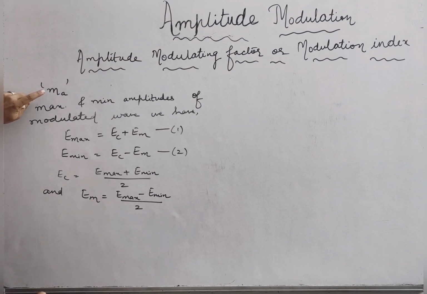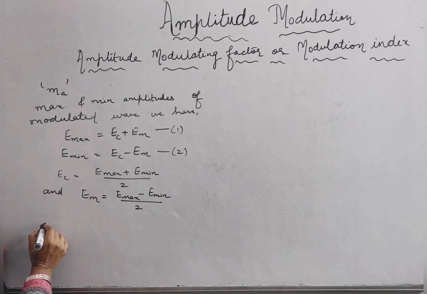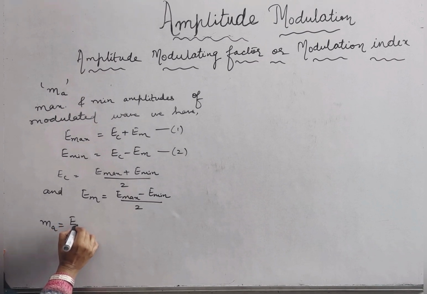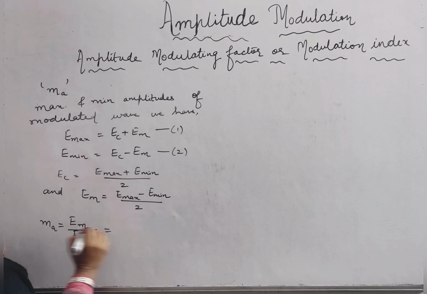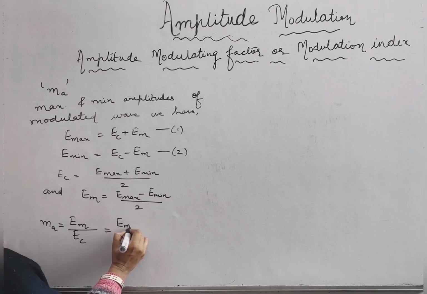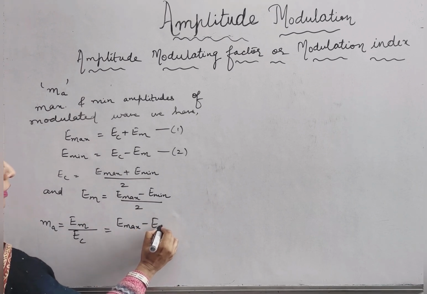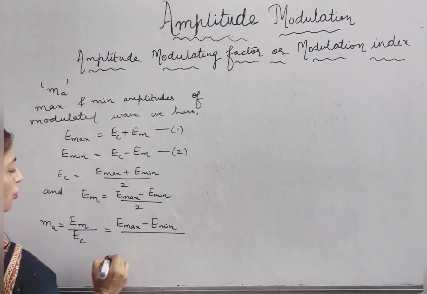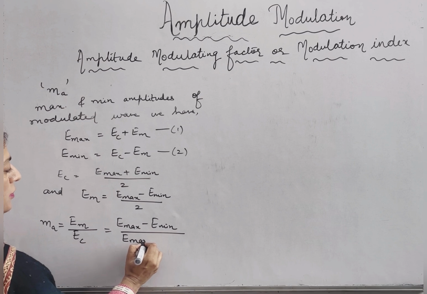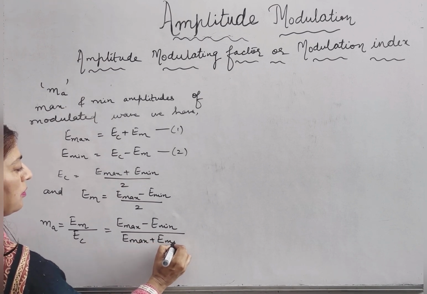So our modulation index MA, the ratio of the modulating amplitude to the amplitude of the carrier wave, is given by E maximum minus E minimum over E maximum plus E minimum.